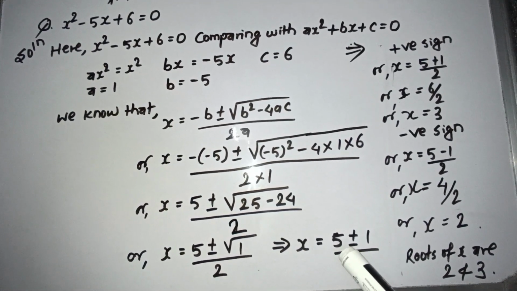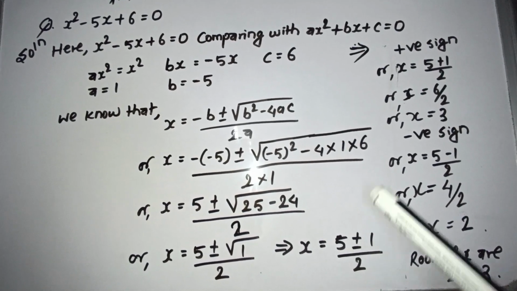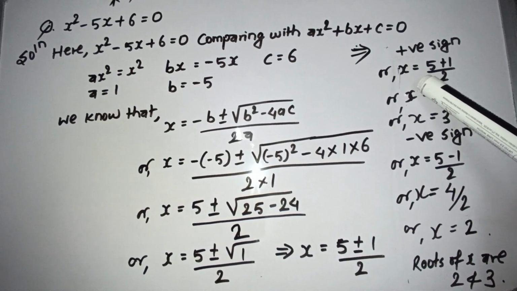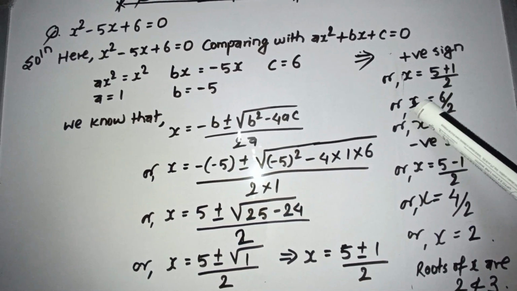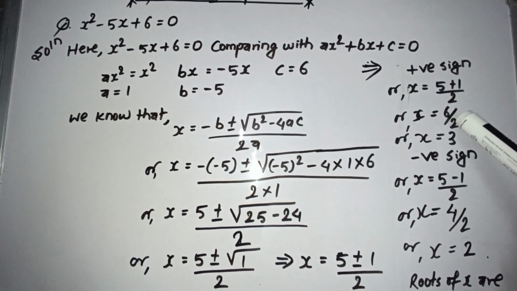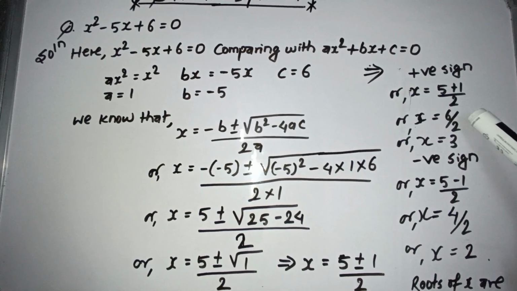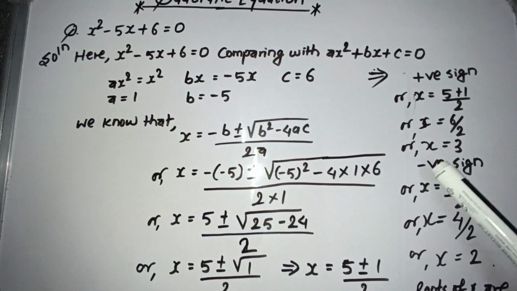If we take positive sign, that is plus sign, then we have x is equals to 5 plus 1 divided by 2. Then x is equals to 6 divided by 2, and x is equals to 3.